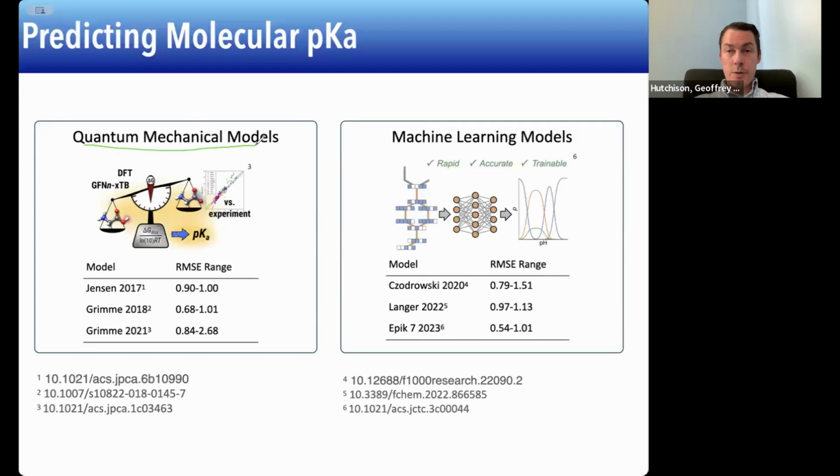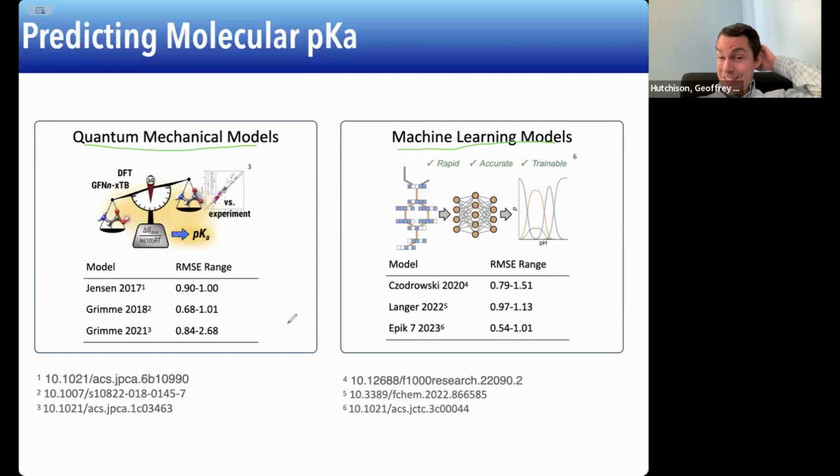So one is a purely quantum mechanical model, using quantum mechanical methods of different types to predict the entire thermodynamic cycle of protonation or deprotonation in solution. And then there's a variety of models that have used straight machine learning. Okay, we're going to put together a neural network, and then we're going to train on a bunch of experimental data, and hopefully we'll have an accurate model.